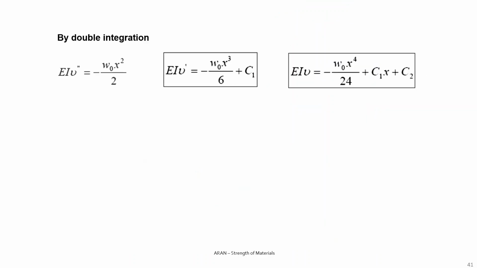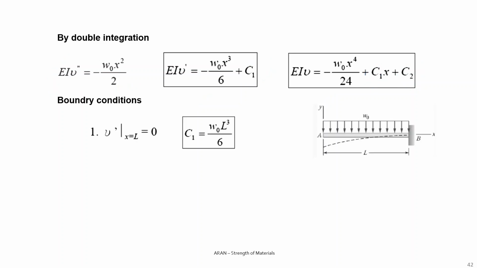By double integration of this equation, I find these two, and as you see, I have two integration constants. So the boundary conditions are for x equals L, that's this point. You see we have a fixed support here. dv over dx is equal to 0, and v is also equal to 0.